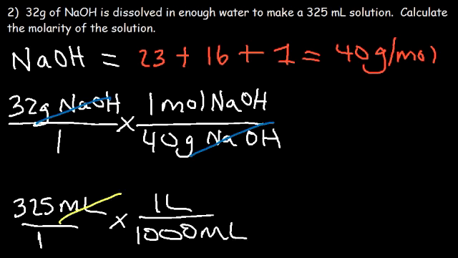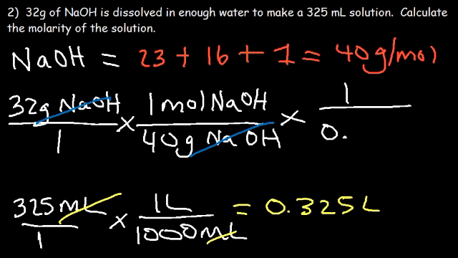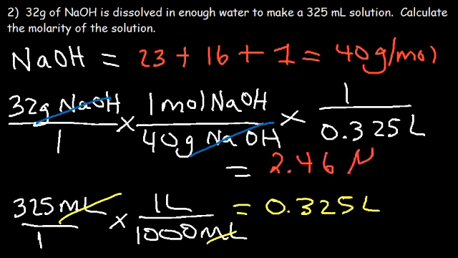So by dividing 325 by 1,000, we get the liters, which is 0.325. So if we divide the moles by liters, we can get the molarity of the solution. So 32 divided by 40 is about 0.8 moles. And then if you divide that by 0.325 liters, you'll have the molarity, which is 2.46. Capital M stands for molarity. Lowercase m is usually associated with molality.